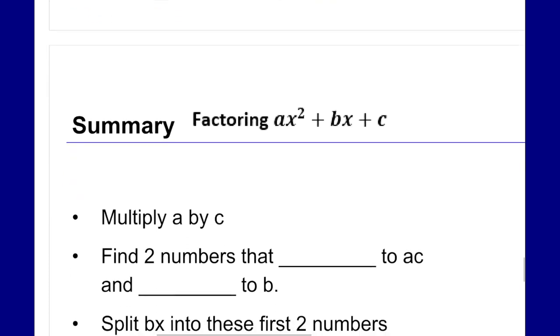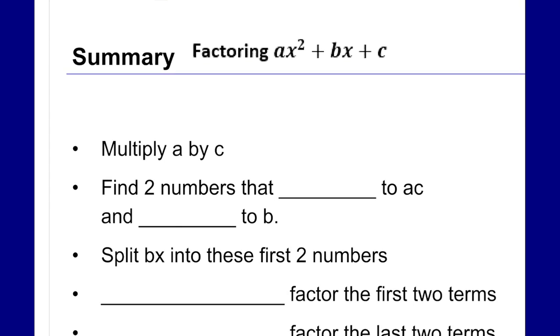So just to summarize, because this one is a little bit more complicated, so we can think of the steps. First we have to multiply a by c. And then we have to find two numbers that multiply to whatever the product of a times c is, and that they also have to add to b.